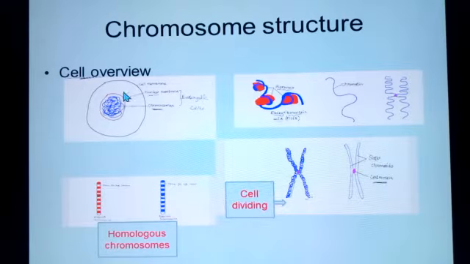Now, in these diagrams here, if you look at it keenly, at the center, we have some thread-like materials, thread-like strands or filamentous material. Now, these structures are very critical when it comes to the process of reproduction.